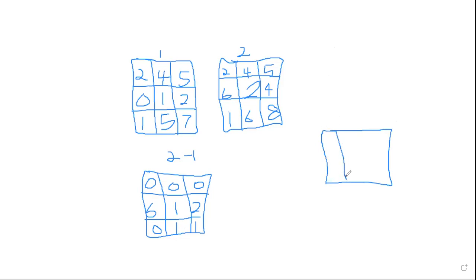If frame 2 was exactly like frame 1, the matrix is going to be like this. Then get 0 here because it's the same. 0, 0, 0, 0, 0, 0, 0.